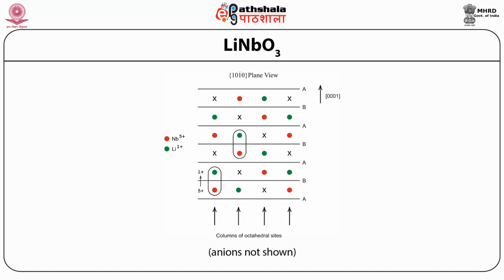On the right hand side of the figure, you can see the direction of the 0001 plane, whereas the bottom arrows correspond to the columns of octahedral sites. These columns share points among themselves.